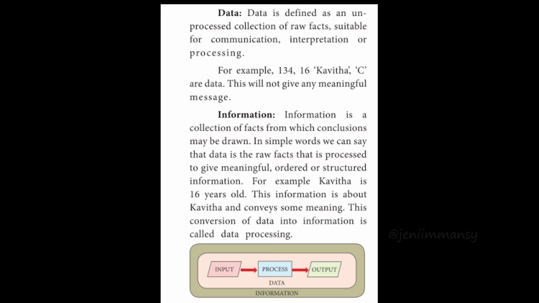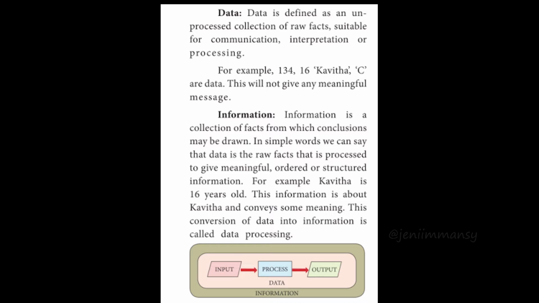Data means you can say a name, Jenny, or one, or a roll number, or any age, like that. Any unprocessed data, just a name or just a number will be there. And information means it is like my name is Jenny, like that. If there is a whole information or a collection of facts from where you can come to a conclusion, we'll say it as information. Okay.